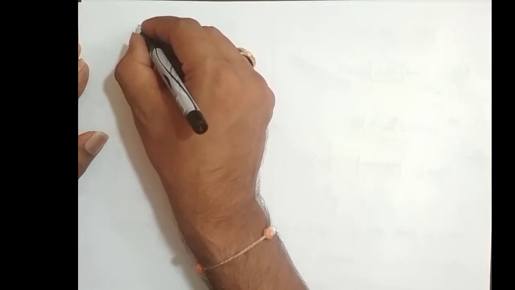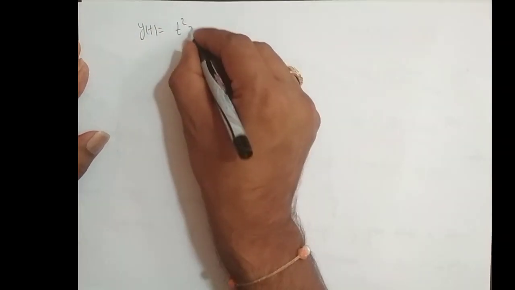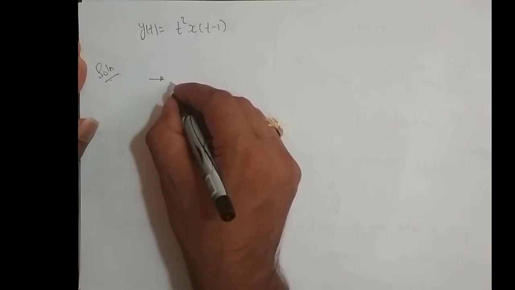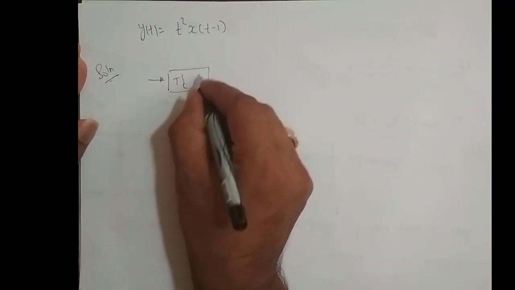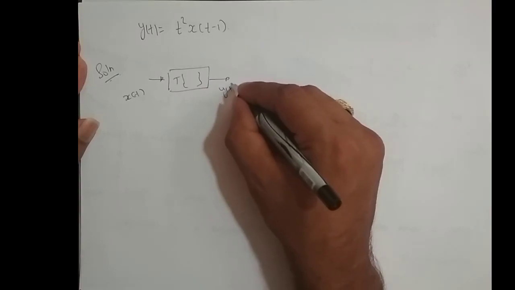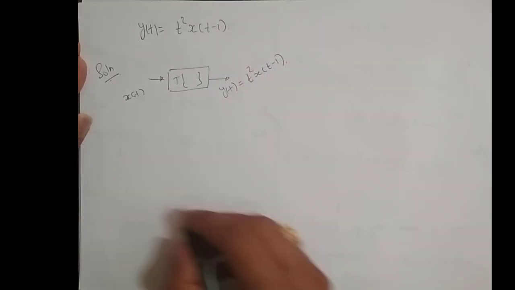Okay, so I'll take up one more. Y of t is equal to t square into x of t minus 1. Okay. Solution, so I have a system, input to the system is x of t and output of the system is y of t, which is equal to t square into x of t minus 1.